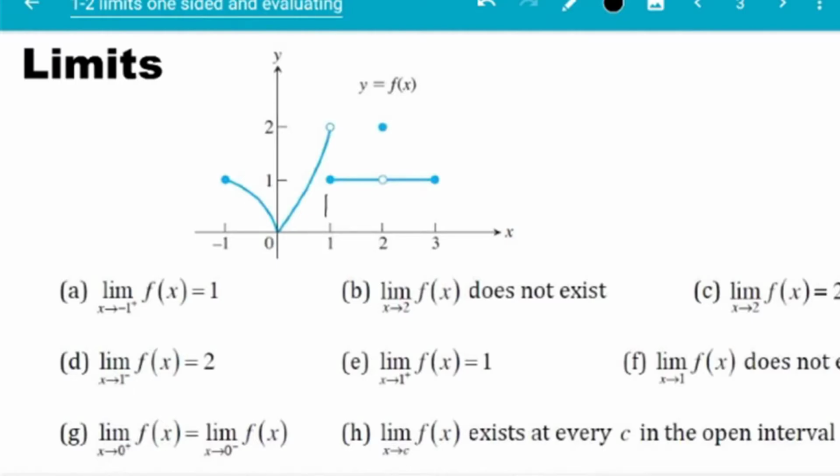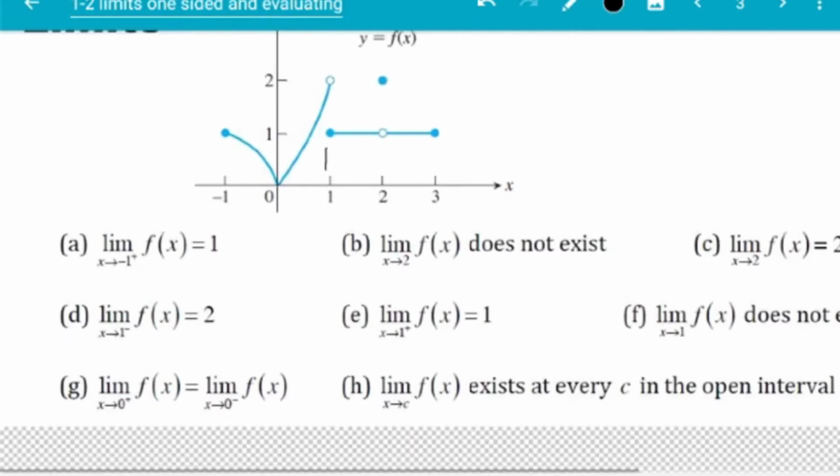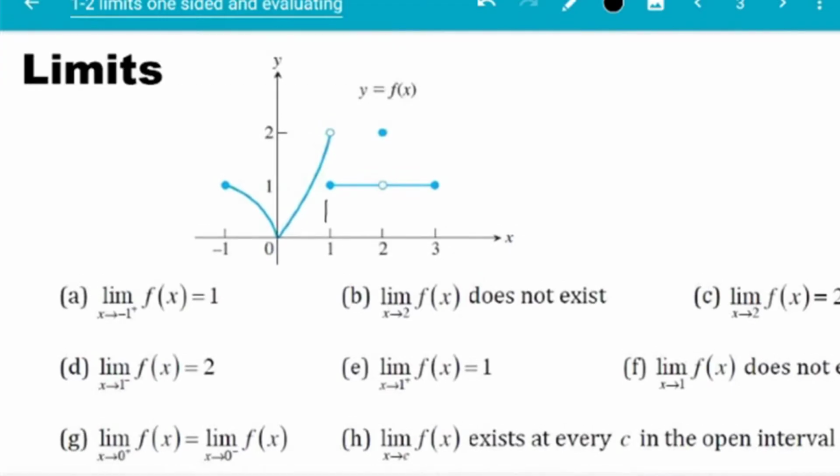For D, why is it true? When you approach, okay, so remember, I'm not actually looking at x equals 1. I'm saying what happens as I approach it. So I'm gonna take my pen here and I'm just gonna slowly move it towards 1. As I get closer and closer to 1, what number am I getting closer and closer to?